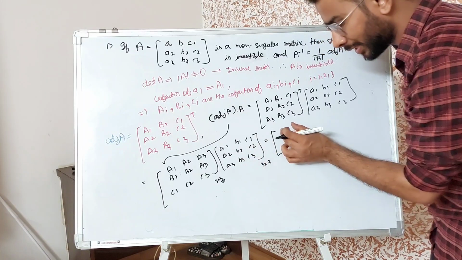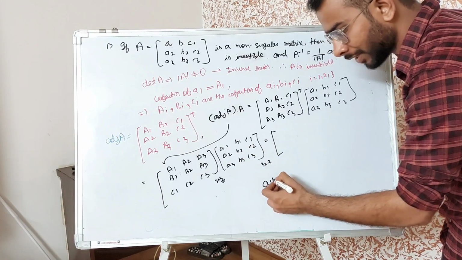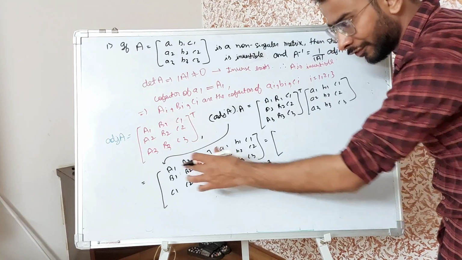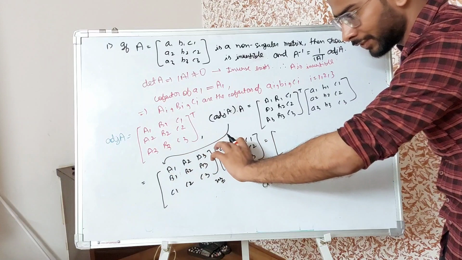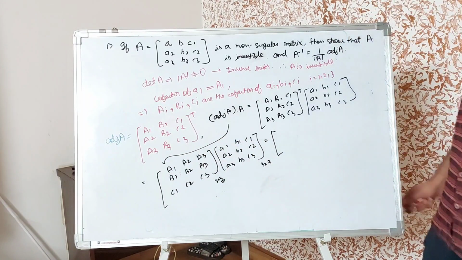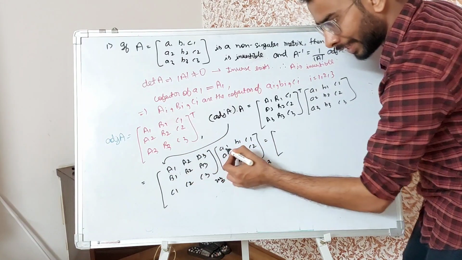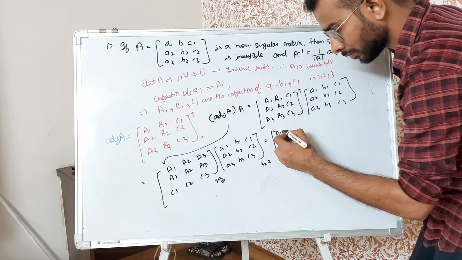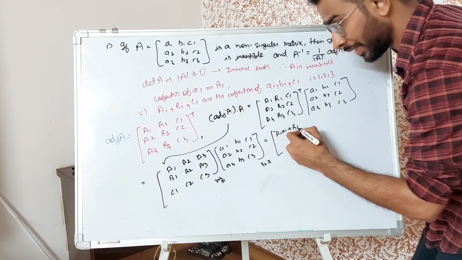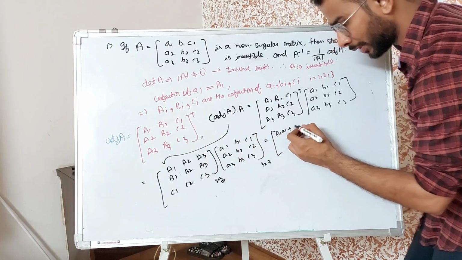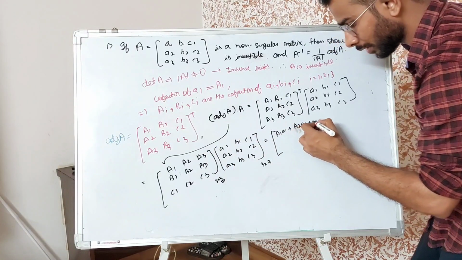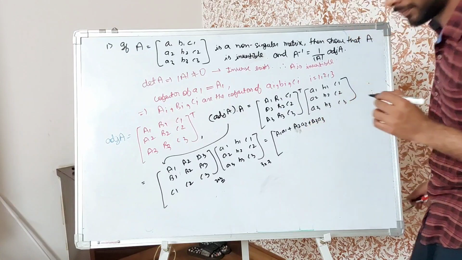So basically the first element, let's say a11, means we take the first row of the first matrix and the first column of the second matrix. So this is going to be A1 into A1, plus B1 into B1, plus A2 into A2, plus A3 into A3.